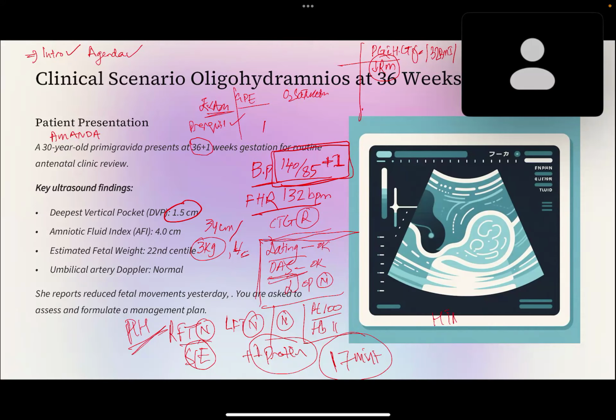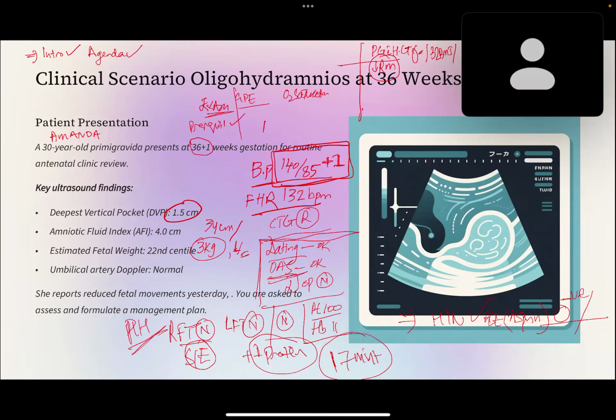Even before getting pregnant, she was on ACE inhibitors, which was changed to a pregnancy-favorable medication, and she was started on aspirin as well. Her current blood pressure is 140/85. CTG is normal. She's O negative. From the history and examination, there are no risk factors other than hypertension itself and being primary gravida.